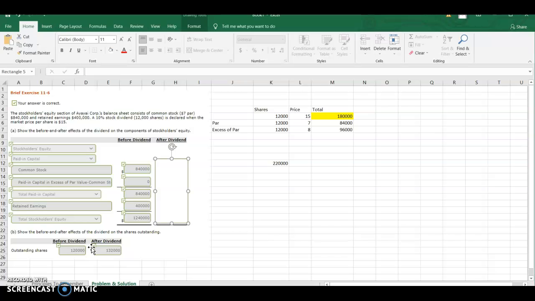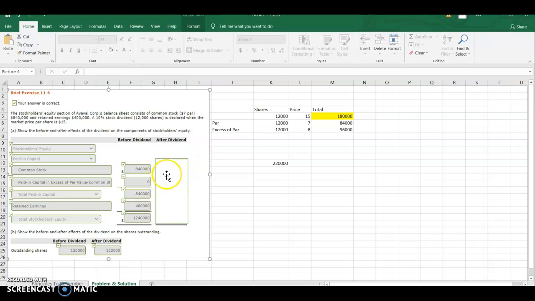Or you can multiply the 10% stock dividend of 12,000 shares by 10 and you'll get the same value. And after the dividend, that is simply 120,000 plus the 12,000 shares that were added in the dividend.